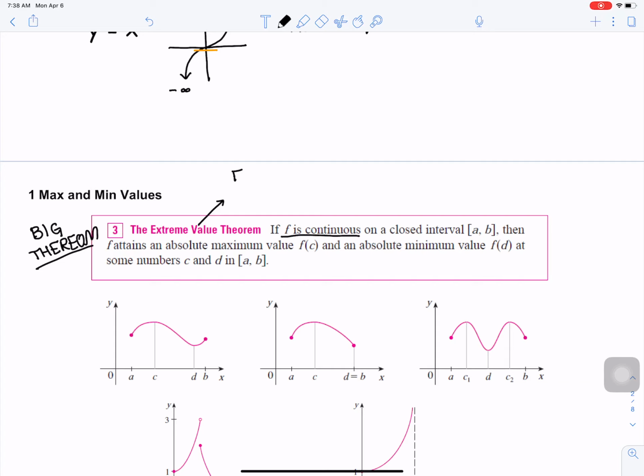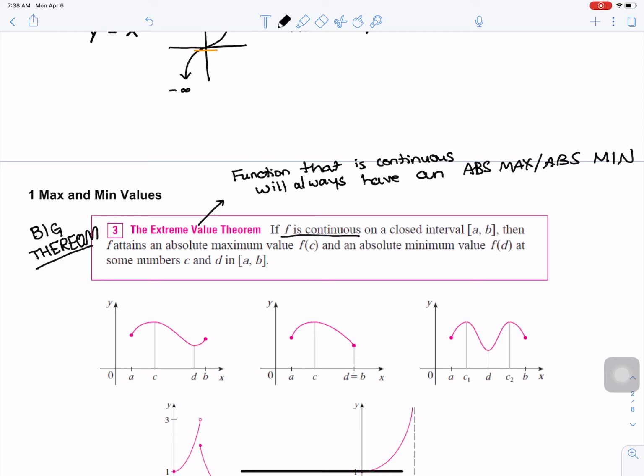So a function that is continuous will always have an absolute max and min, both of them, on a closed domain. So the domain has to be closed.